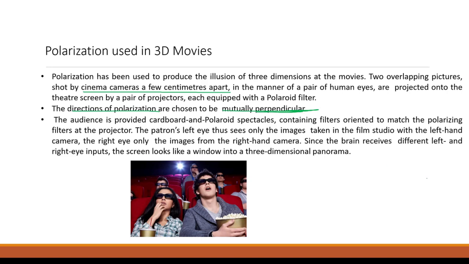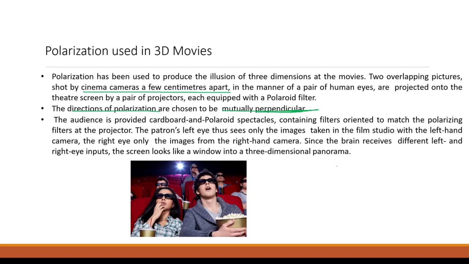and they are supposed to use filters to match the left and right lenses, using that idea of perpendicular filters, so that your left eye is viewing only images from the left camera and the right eye is only viewing images from the right camera.